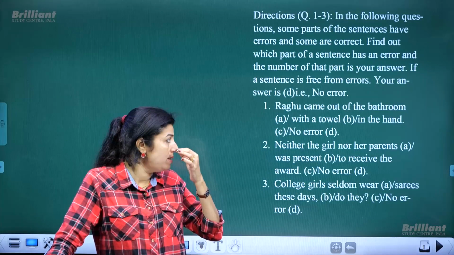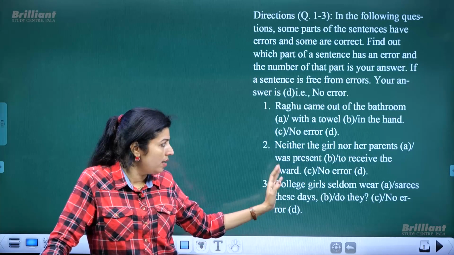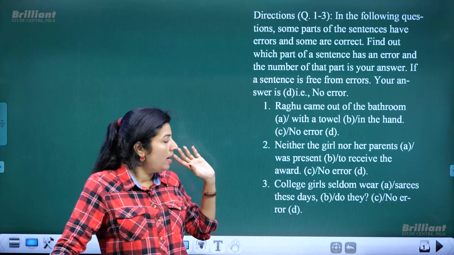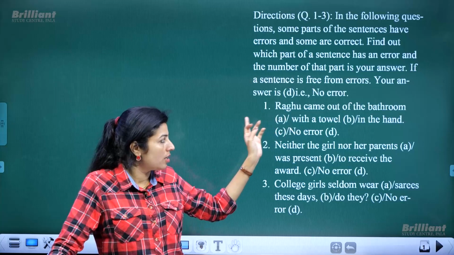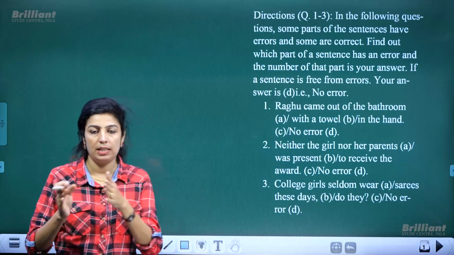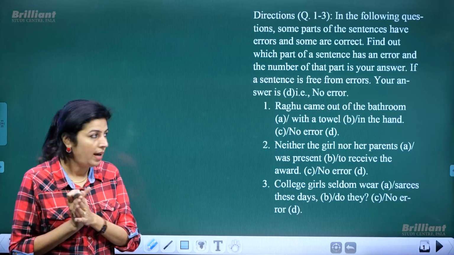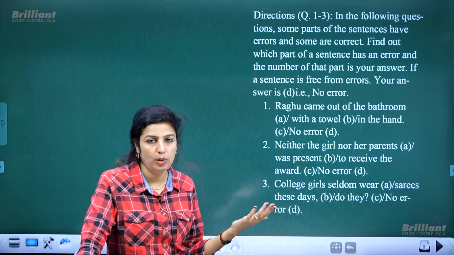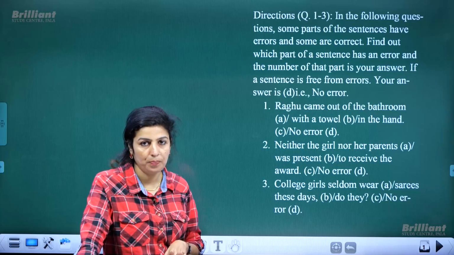In each sentence, 3 sentences are given, 3 questions are given, and each statement is divided into certain parts.